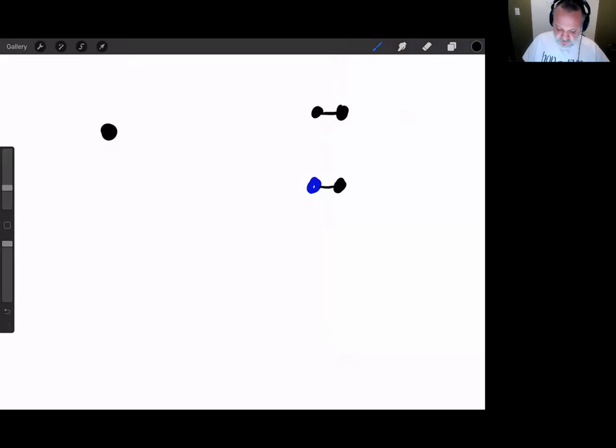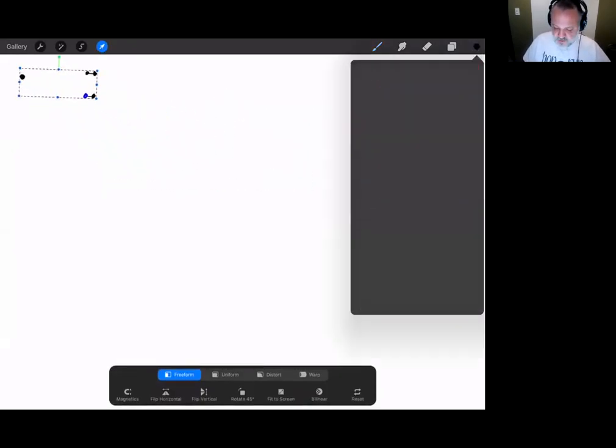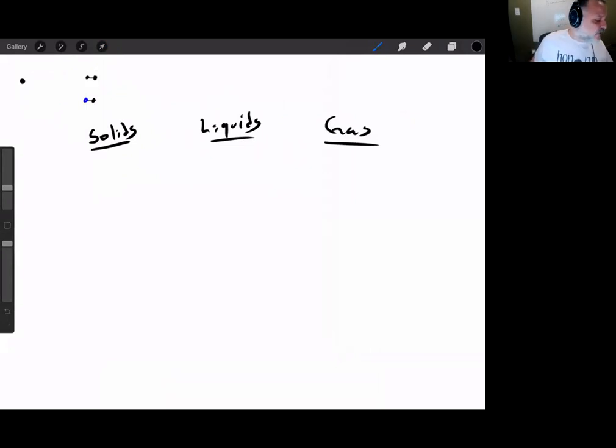Using this as a conceptual model, these little dots, I want to talk about solids, liquids, and gases in those terms. I really want you to have a conceptual picture of what these things are at the level of the atom or the molecule.